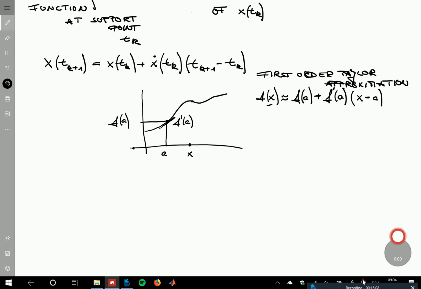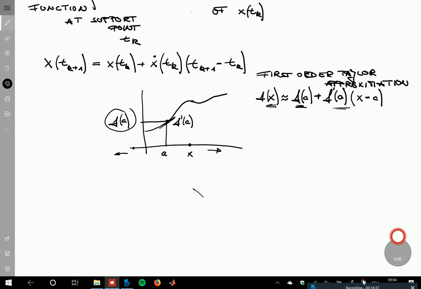And then this is a formula that says if you want to compute f(x) approximately, then you should take the value of f at a, so this value, and add to it the difference between x and a. So if you're going further away from a, this difference gets larger, and you should scale this difference by the slope.